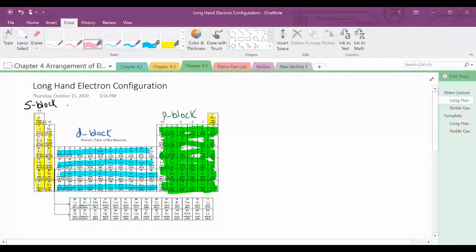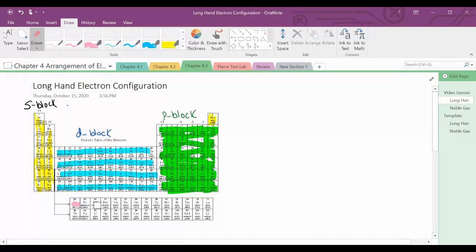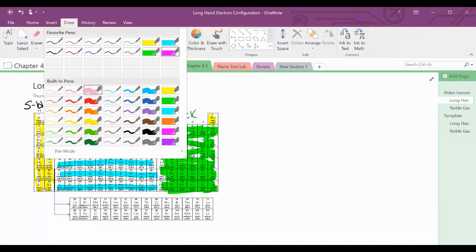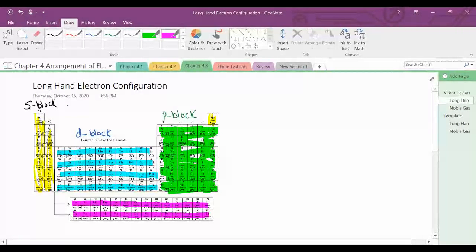And the F block is made up of the inner transition metals. The F block.